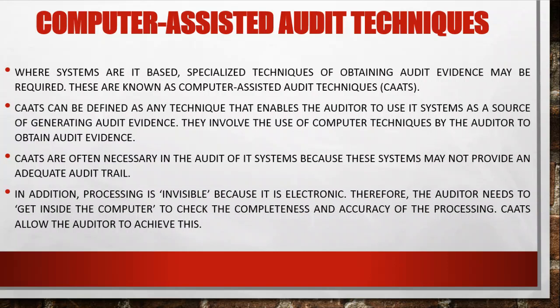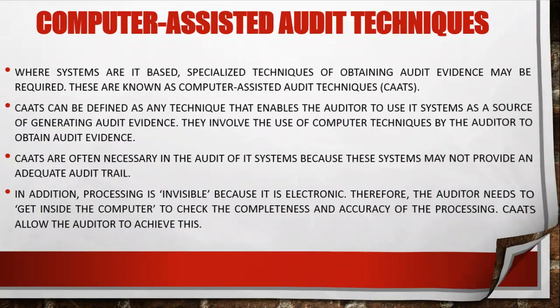Because everything has been computerized. Therefore, we need to use the computer to trace the computer's path. Simple. In addition, processing is invisible, just as we know we could not see it. Therefore, the auditor needs to get inside the computer. So when we get inside the computer, we are talking about CATs.